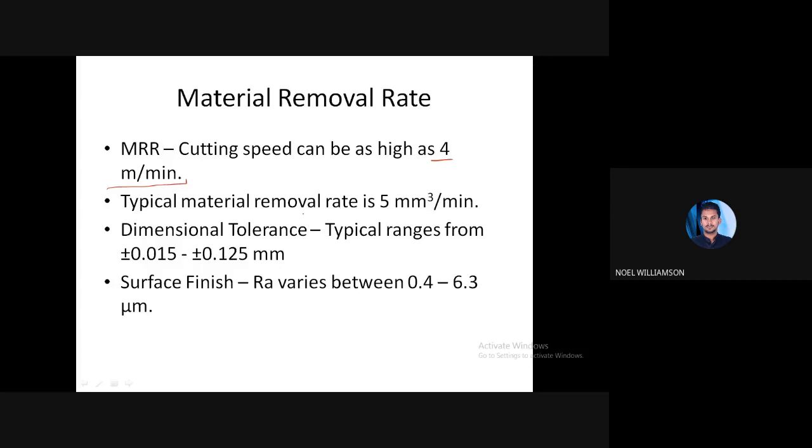The MRR is typically on average 5 millimeter cube per minute. The possible dimensional tolerance is between plus or minus 0.015 to plus or minus 0.125 mm. And finally, the surface finish is between 0.4 to 6.3 micrometers.